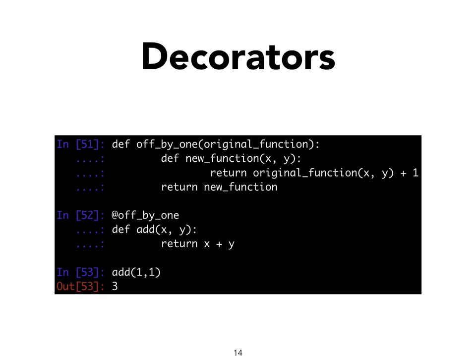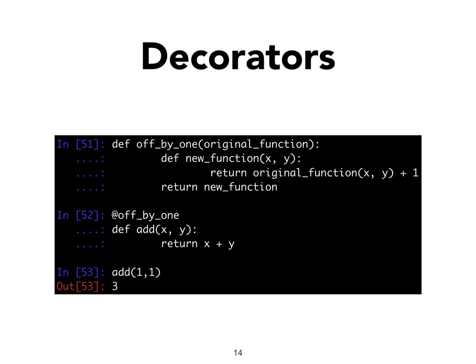And this means that from now on, when I run my add function, it's just going to be off by 1 because it's going to start by running the decorator function off by 1, which takes the add function, makes a new function that runs add and then adds 1, and then outputs that function back. So this is totally convoluted. But the idea is that you can make these kind of decorator functions that decorate your normal functions to make them behave a little bit differently.